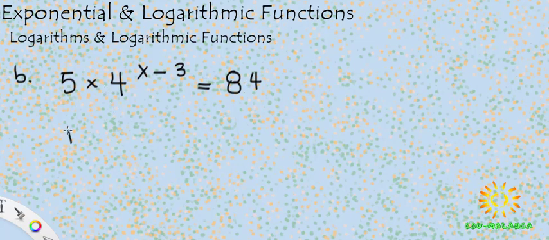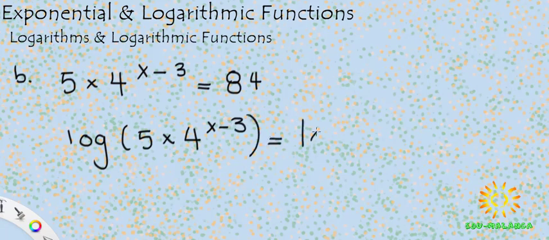What I will get is log of 5 times 4 to the power of x minus 3 should equal log 84. If you remember the laws of logarithms, when you have log of a times b, you can convert that into log of a plus log of b. So I'm going to do that for these two expressions.